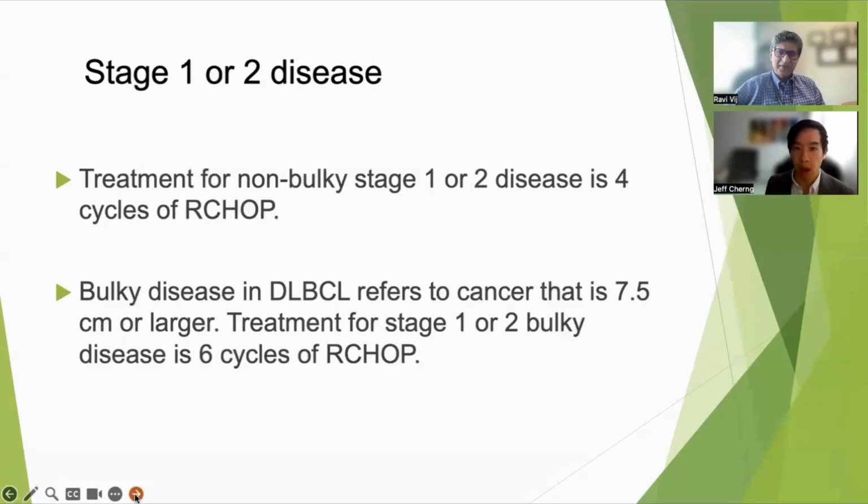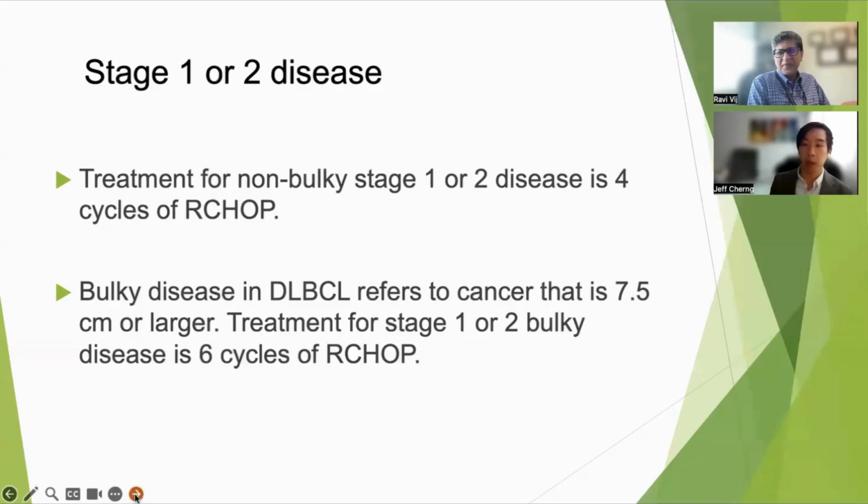The 4 cycles of R-CHOP approach was borne out in part based off of the FLYER study, which was a randomized non-inferiority phase 3 study that looked at patients with non-bulky early stage disease that had a low international prognostic index score. So low risk disease, low LDH, age younger than 60, no more than one extranodal site of disease.